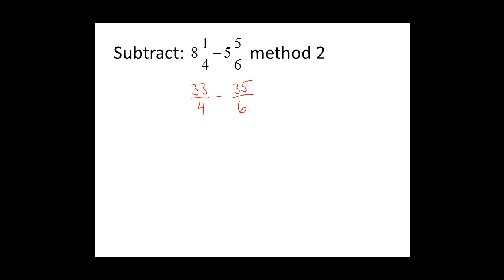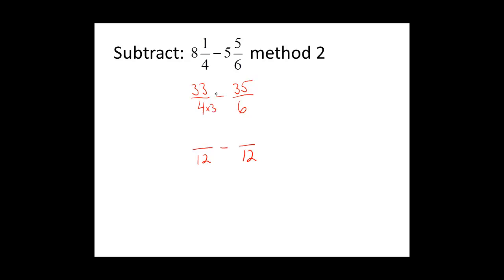We see we do not have a common denominator. As we saw from our last problem, the common denominator of 4 and 6 is 12. So we need to write both of these fractions with a denominator of 12. We multiplied this 4 by 3 to get 12.